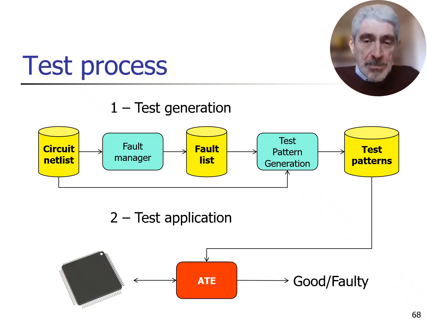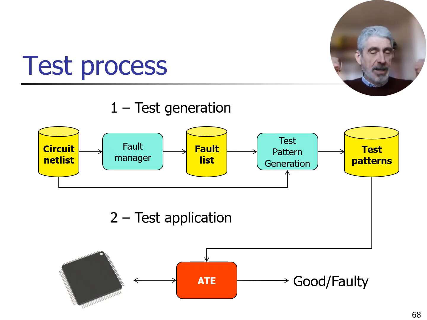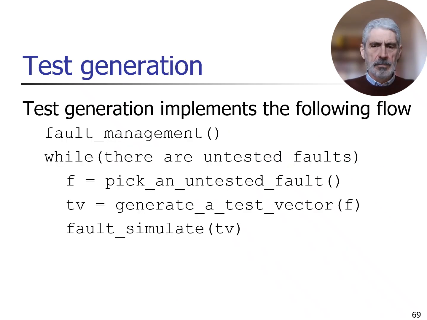The whole test process which is used for this purpose is shown here. Here I reported again the two test phases, the test generation before manufacturing and the test application after manufacturing. And we will enter into more details in a moment about this scheme. This transparency reports the typical flow which is used when generating the test vectors for a combinational circuit.